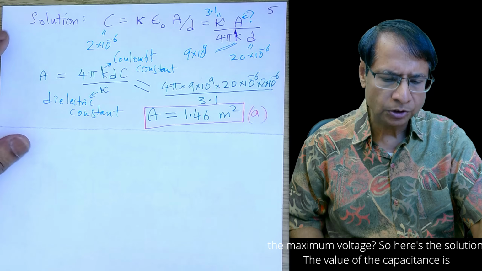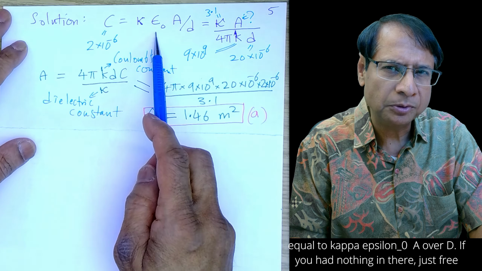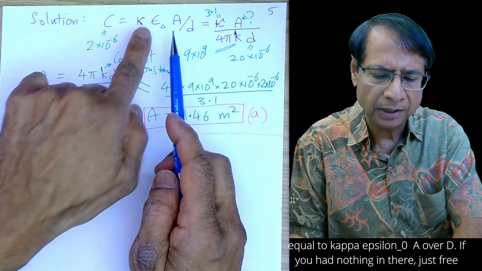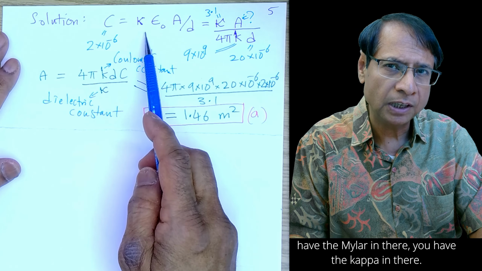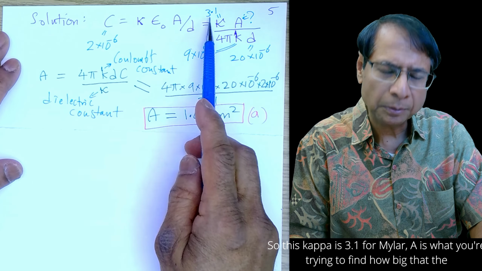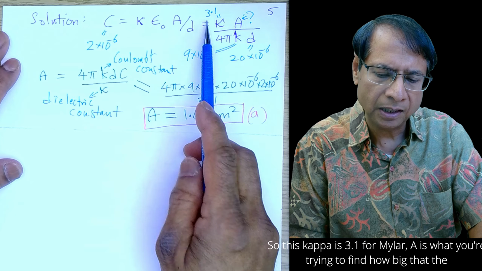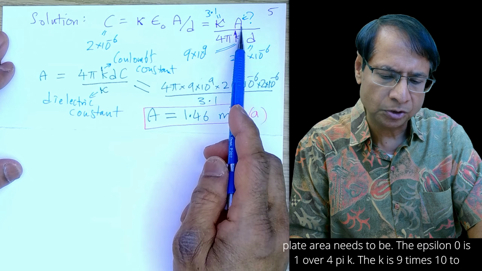So here's the solution. The value of the capacitance is equal to kappa epsilon 0 A over D. If you had nothing in there, just free space, you would not have the kappa. Since you do have the mylar in there, you have the kappa in there. So this kappa is 3.1 for mylar. A is what you're trying to find, how big the plate area needs to be.